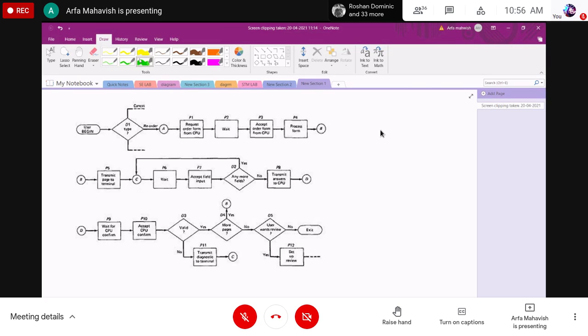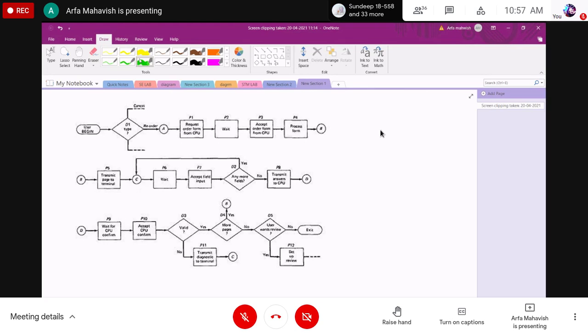So in functional testing or behavior testing, how the system is behaving, we go with the transaction testing, and it will be shown in the transaction flow diagram.